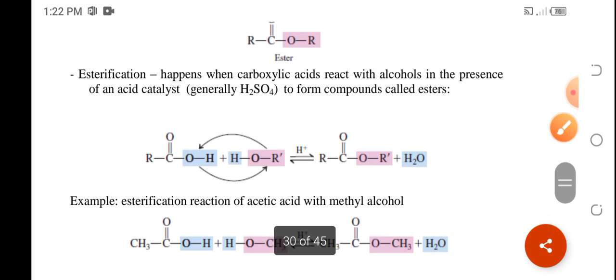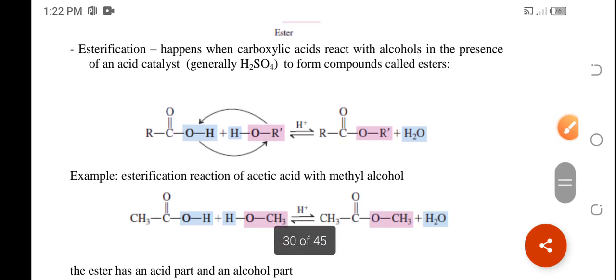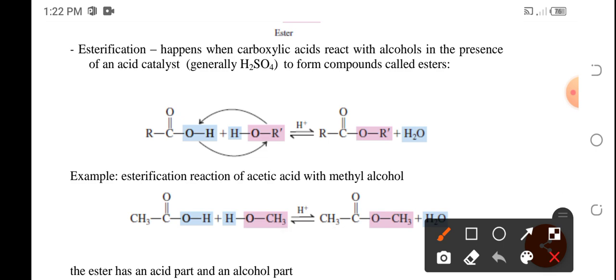So the mechanism for esterification is as follows. The hydroxyl group from the carboxyl part of the carboxylic acid exchanges place with the OR group of the alcohol. So this is the carboxylic acid and this is the alcohol.